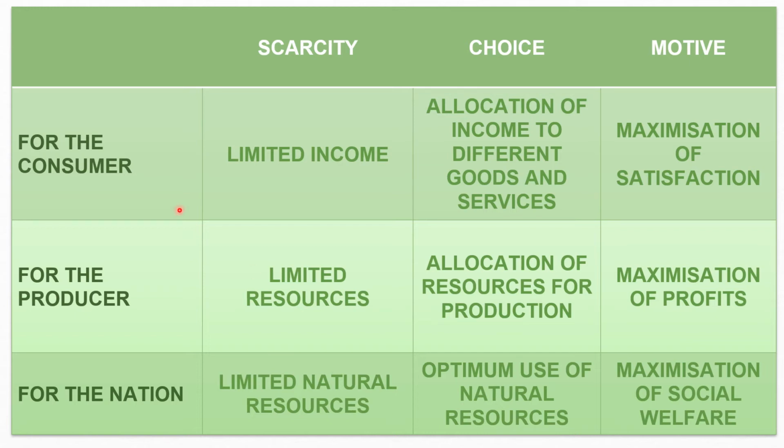Now, the motive for all these three levels is different. For the consumer, the motive is maximization of satisfaction. For the producer, the motive is maximization of profits. And for the nation, it is maximization of social welfare that is the motive. Now, this chart or table will help you to study this in a better way and to understand the concepts more clearly.